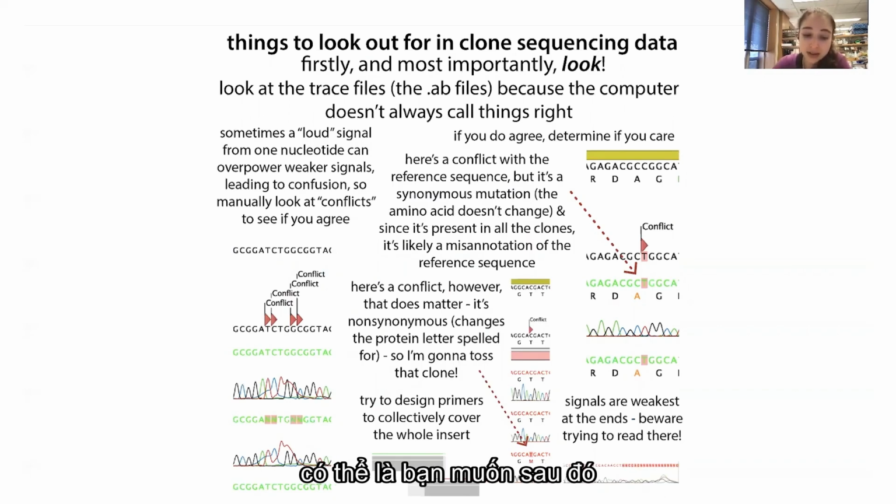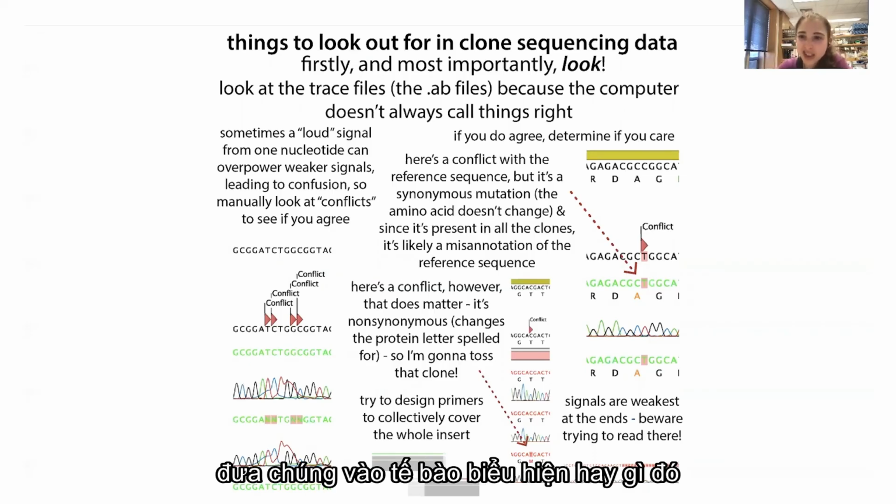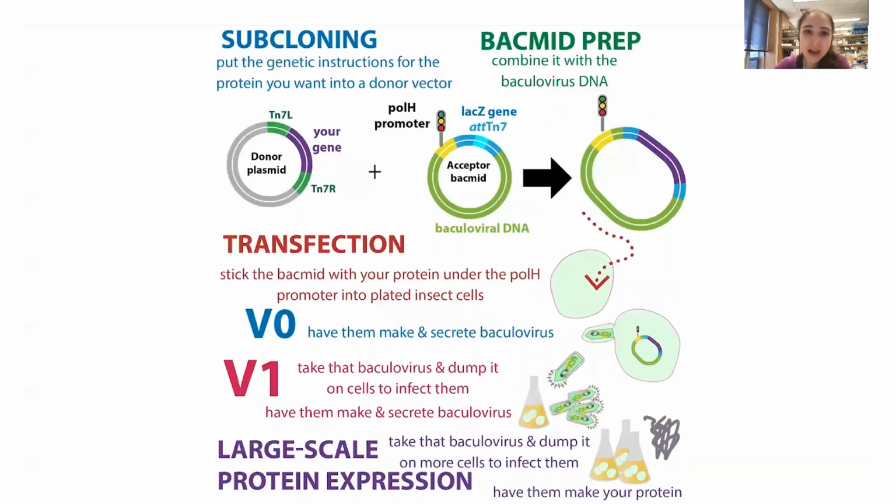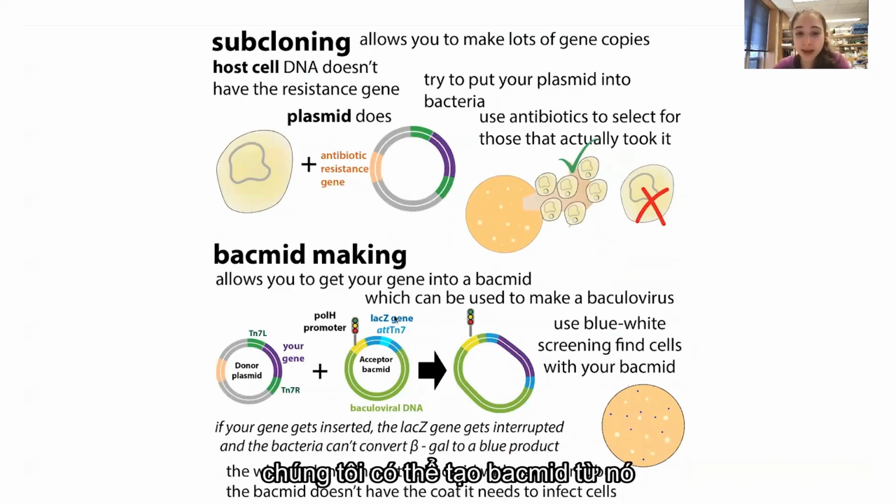And so maybe you then want to stick them into expression cells, or that sort of thing, if you want to make protein, or subclone it into other cells. I know you just cloned it, but in our lab, for example, after we do that subcloning, we can then make bacmids from it.